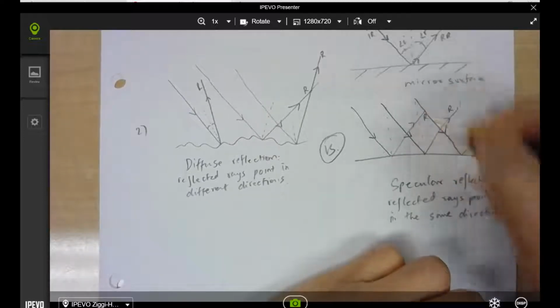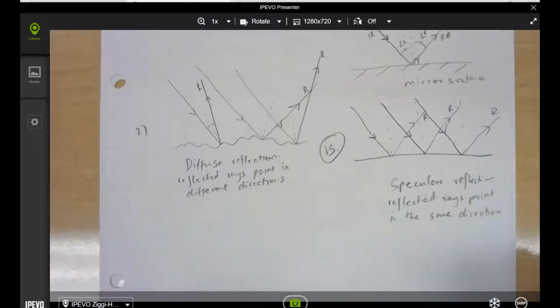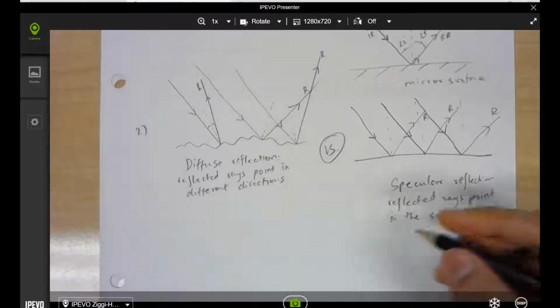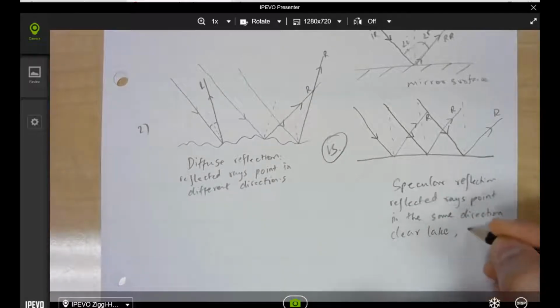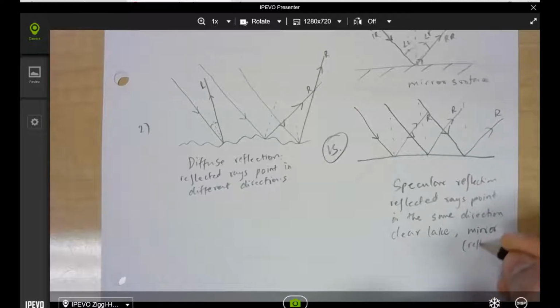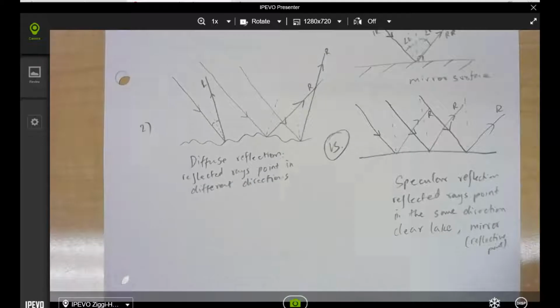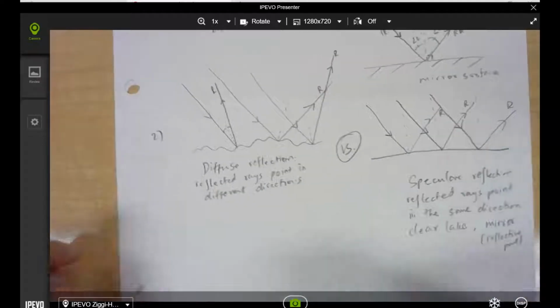We can see that here, and therefore we get a perfectly clear reflection of a person, for example. So the example of this would be a clear lake or a mirror, the reflective surface, not the glass part, right? The glass part absorbs close to nothing.